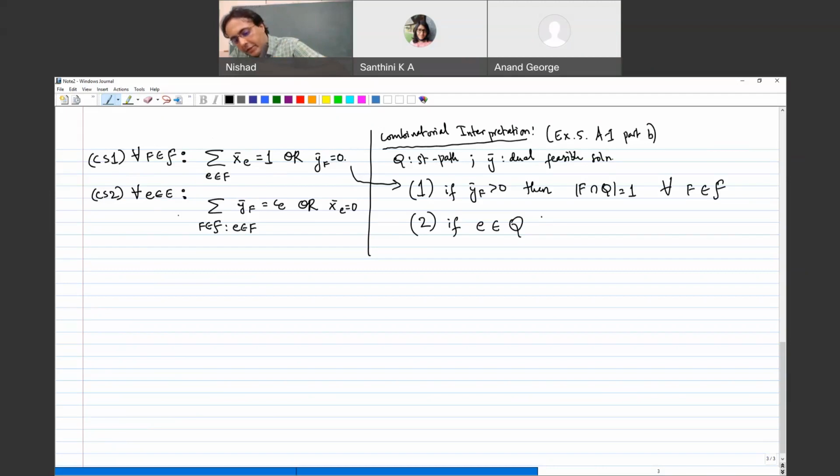So if the edge is in the path, then we know that this must hold: the sum of the labels of the cuts containing that edge must be exactly equal to the cost of that edge. So this is exactly what we wrote down.